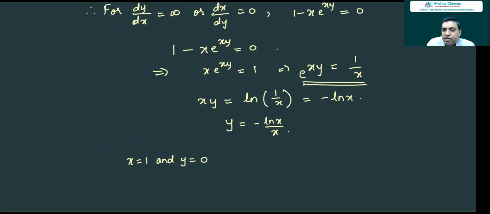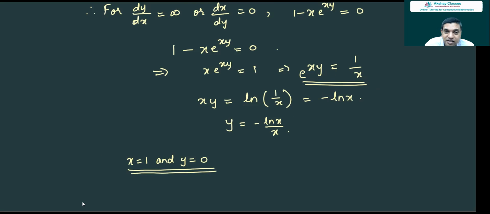Otherwise, this is a very difficult function to plot. e power xy equals 1 by x. But if you can see here, when x equal to 1 and y equal to 0, this equation is satisfied. Otherwise, it's a very difficult equation to solve.